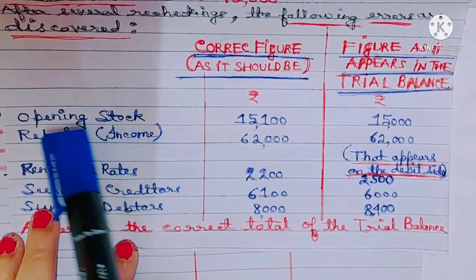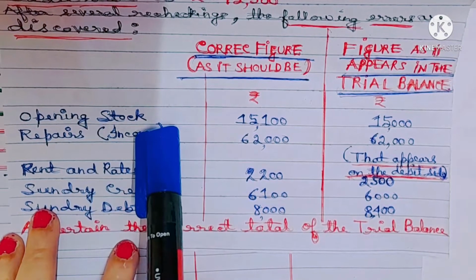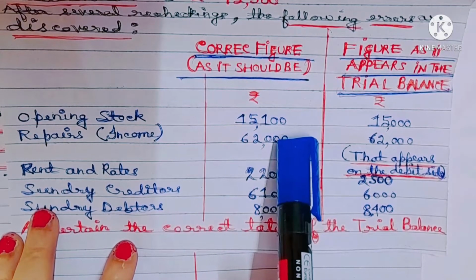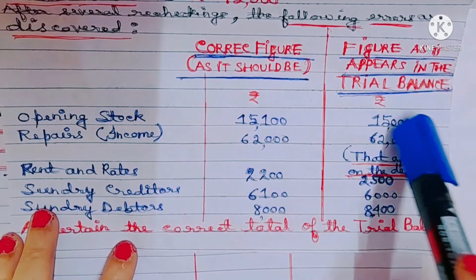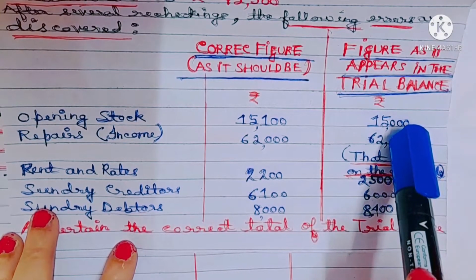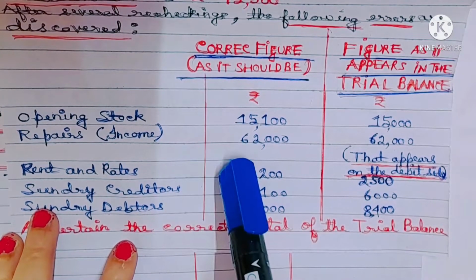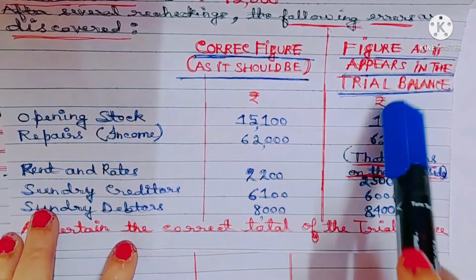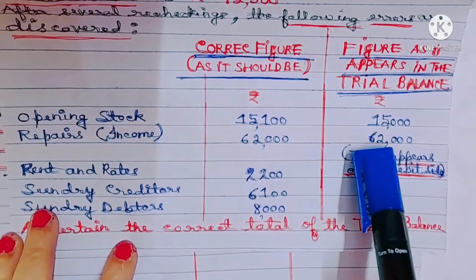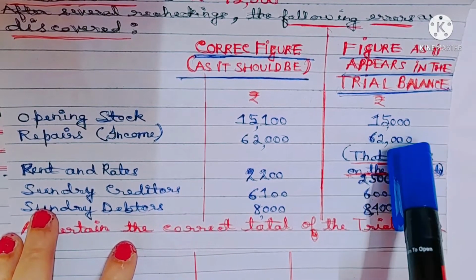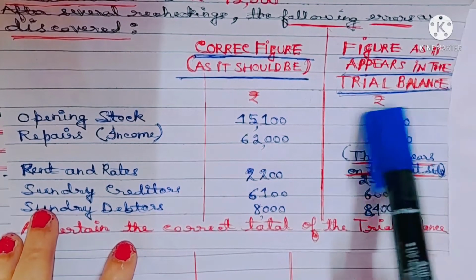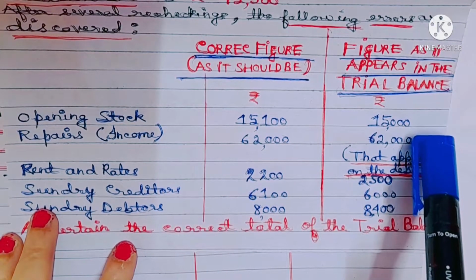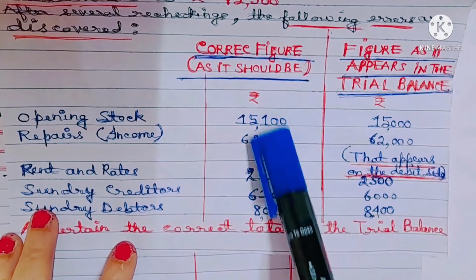What is the first account? First account is opening stock. Correct figure 15,100, but it has been written as 15,000. Okay, opening stock has a debit balance, so it should be 15,100. But here, opening stock has been written as 15,000. That means rupees 100 less has been written, so we'll have to add rupees 100.